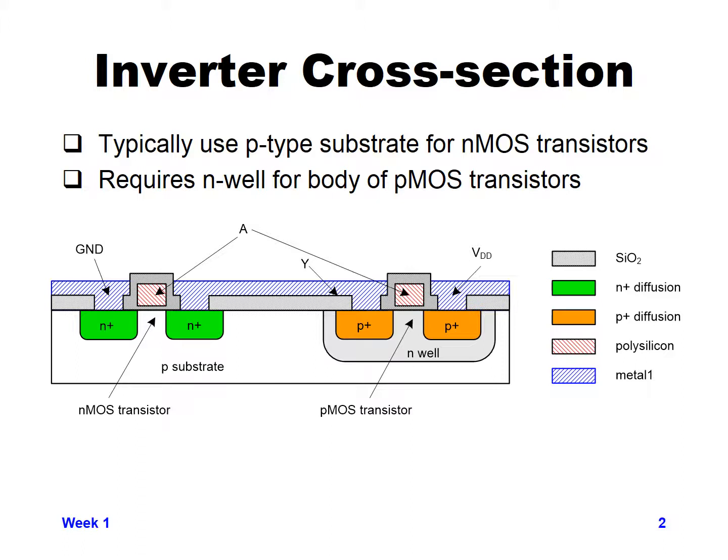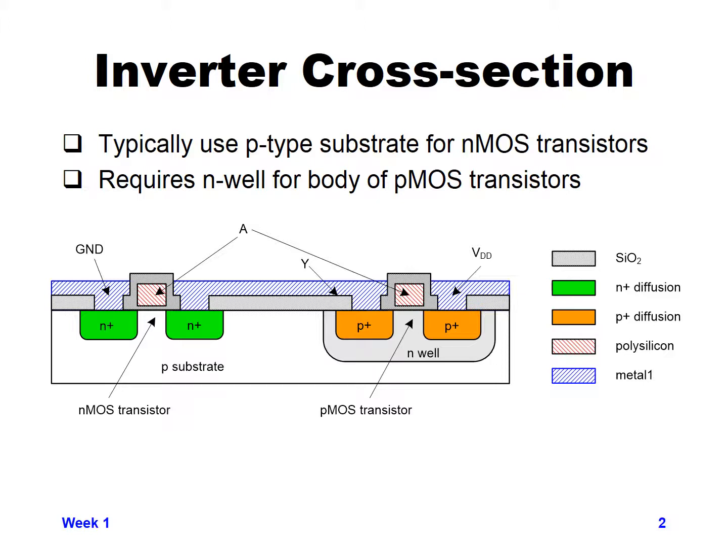The source of the PMOS transistor will be connected to metal and connected to VDD, on the right-hand side of the diagram. And on the very left-hand side, the source of the NMOS transistor will be connected to metal and connected to ground someplace else.